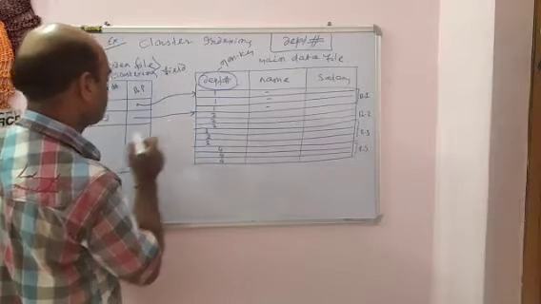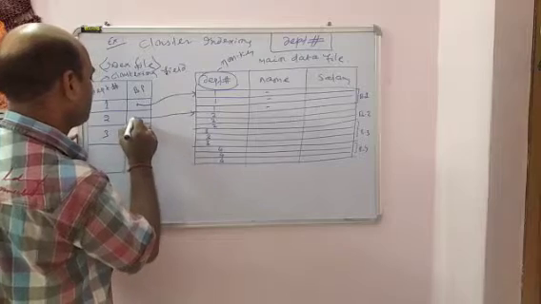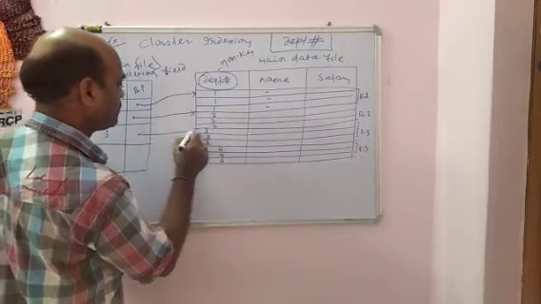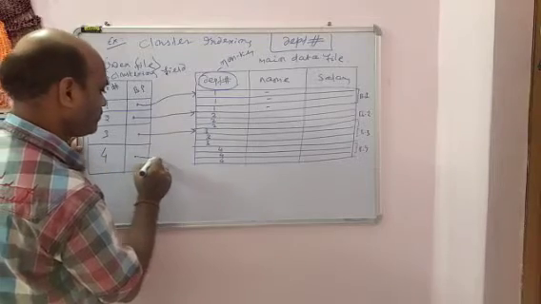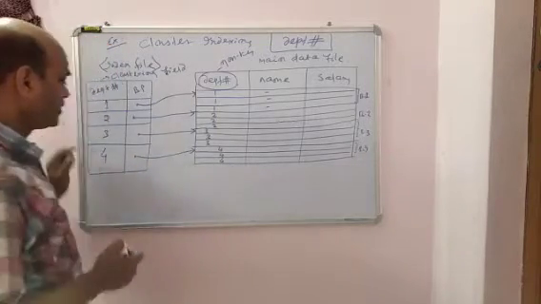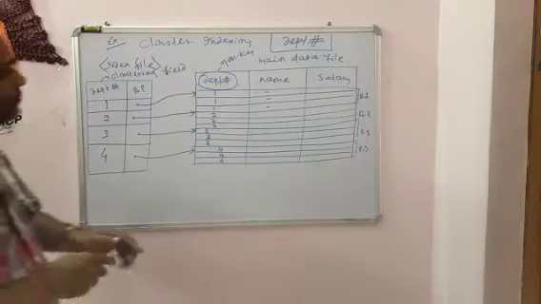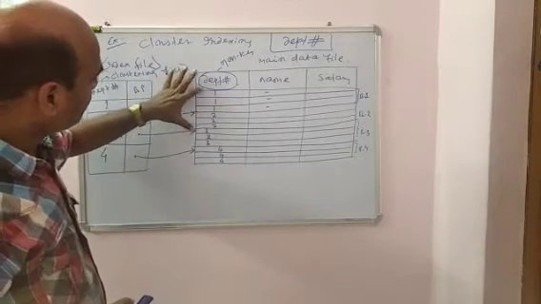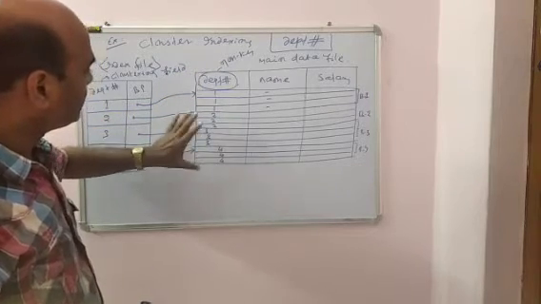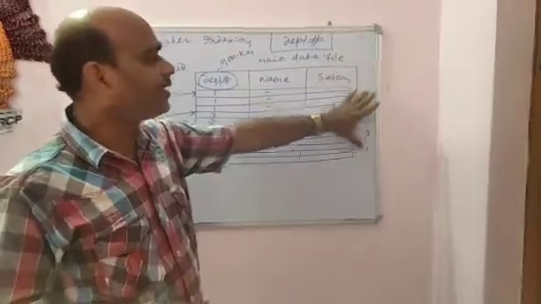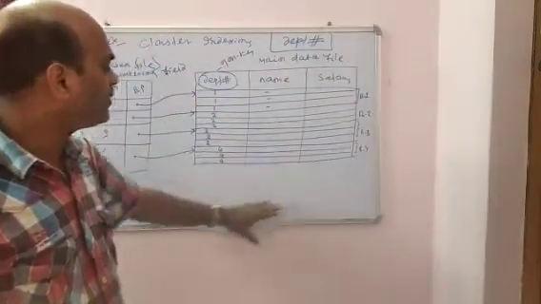An index entry is created for department 4 as well. Suppose there are 1, 2, 3, 4, 5, 6, 7, 8, 9, 10, 11, 12 records in the main data file.